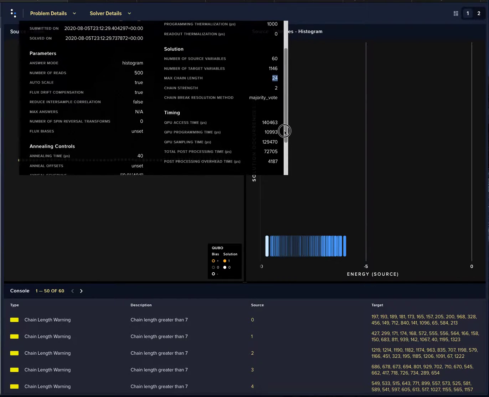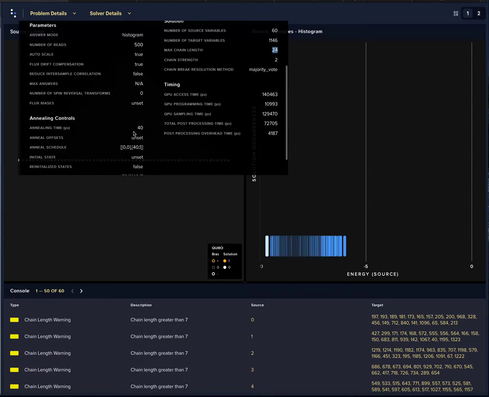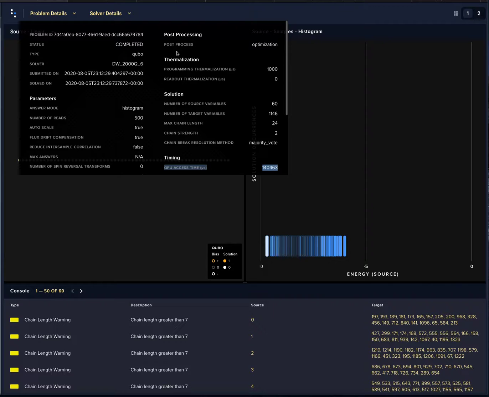What's interesting is a chain strength of 2, and I couple it with an annealing time of 40. So now I have fewer chain breaks. I have stronger chains. I'm giving it 40 microseconds to look for an answer. I'm doing 500 rolls of the dice, and it did 140,000 microseconds. So kind of interesting. It's actually less time. I think maybe because it's holding some of that time for post-processing.